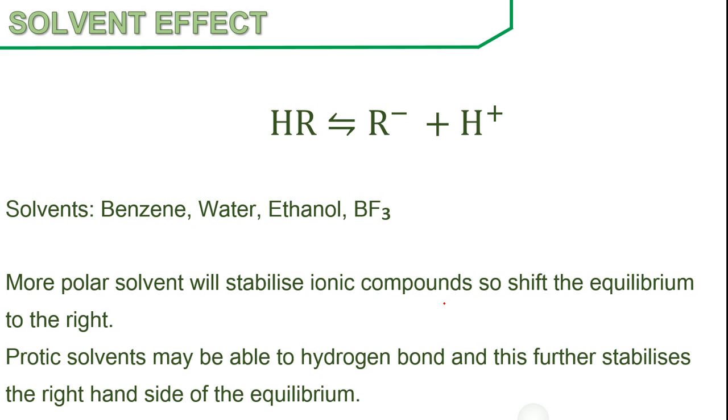And to stabilize these ionic compounds, we need a polar solvent, and hopefully one which is protic, which will be able to hydrogen bond and shift the equilibrium to the right. So we're looking at water or ethanol, making species seem more acidic than if we say put them in benzene or BF3.